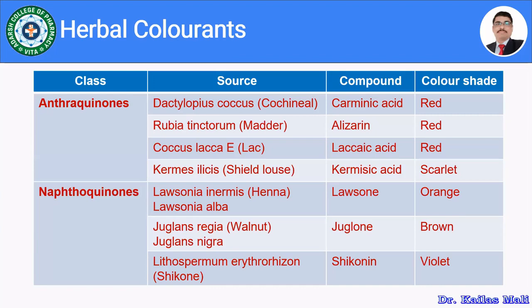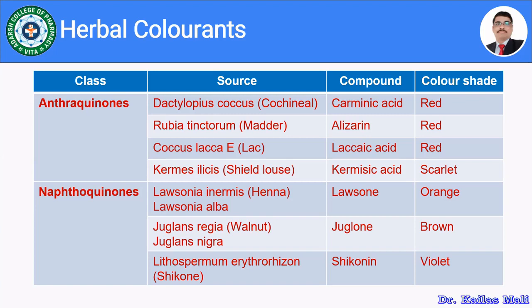The very first class is the anthraquinone class. The herb which is used to give the red color is Dactylopius coccus, also known as cochineal. It is an insect, not a herb. And we get the red colored carminic acid from the cochineal.